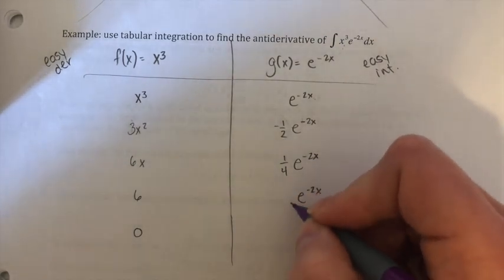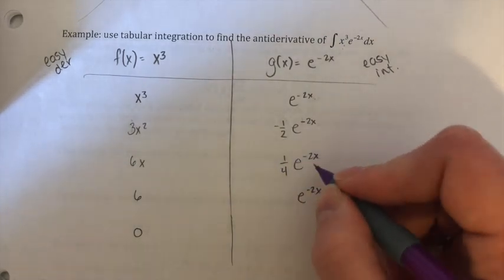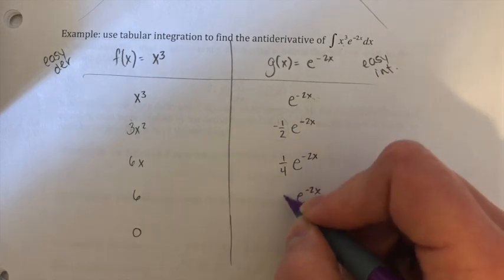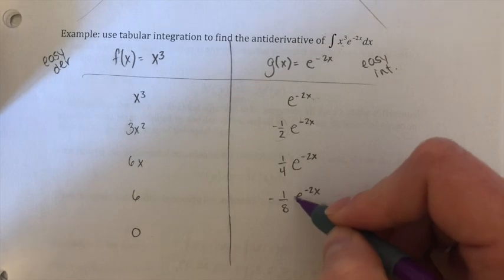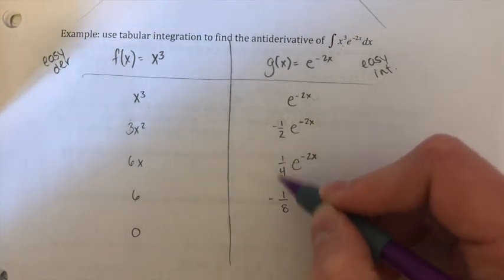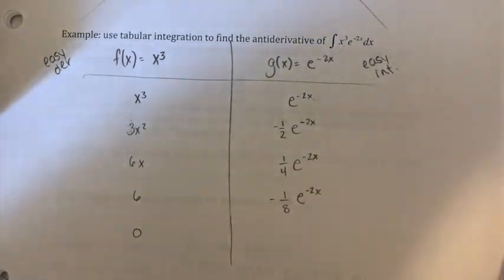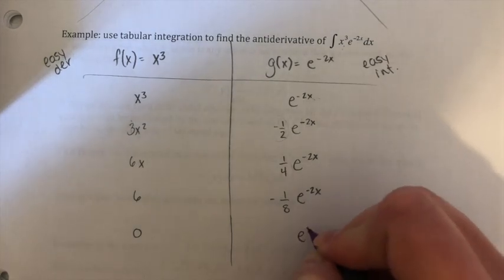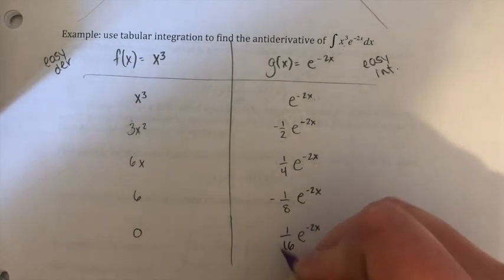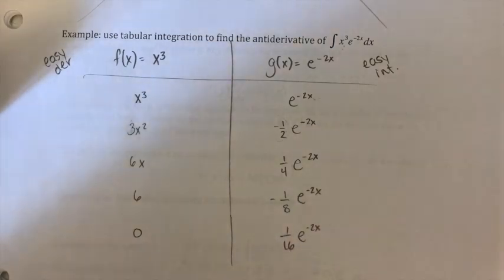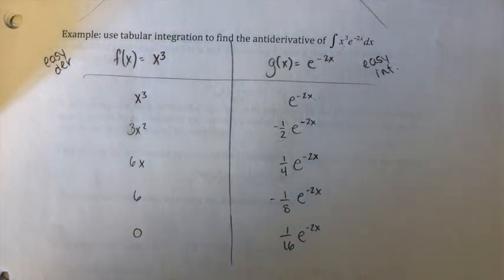We have to think about what would go here to give us a 1/4, and it's going to be negative 1/8. Multiply that by negative 2, we get the positive 1/4. This time we've got e to the negative 2x, and this one's going to be a 1/16, because that times negative 2 gets us back to negative 1/8. Okay, so we've matched it up.